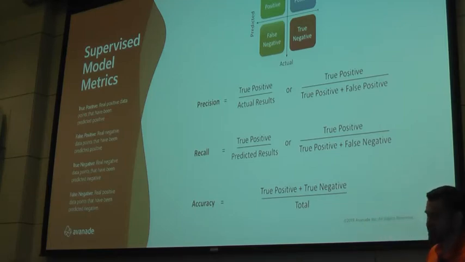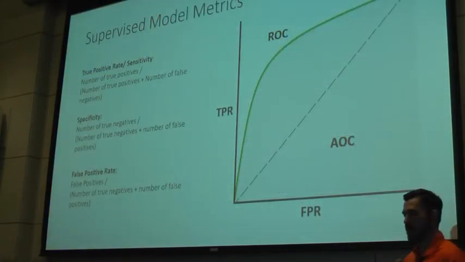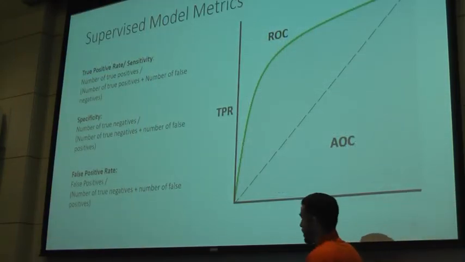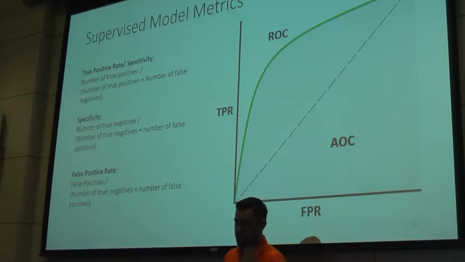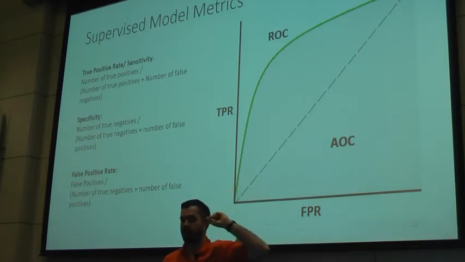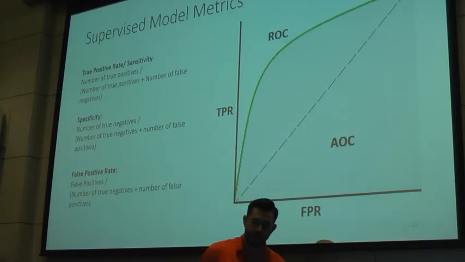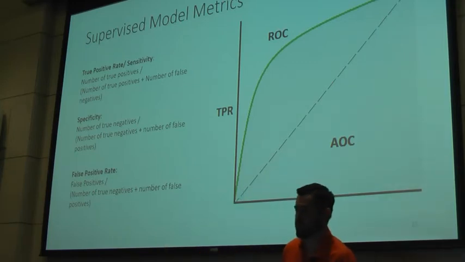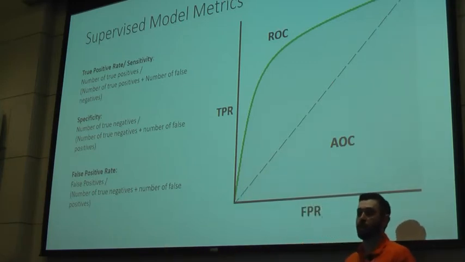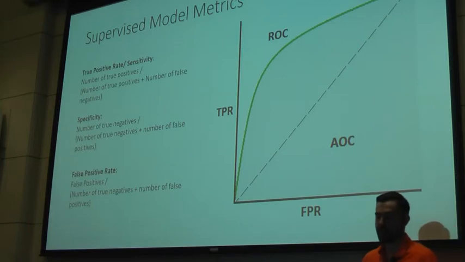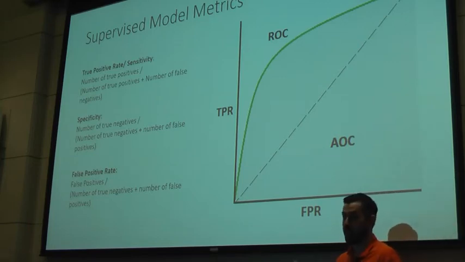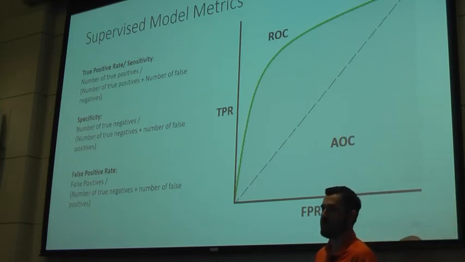To make things a little bit more complicated, specifically in the classification business, we use this graph a ton. We have our true positive rate, which is how many times we're getting it right, and our false positive rate, which is how many times we're getting the negatives wrong.